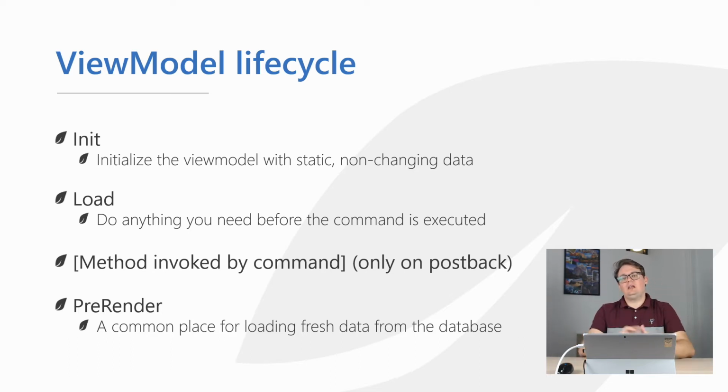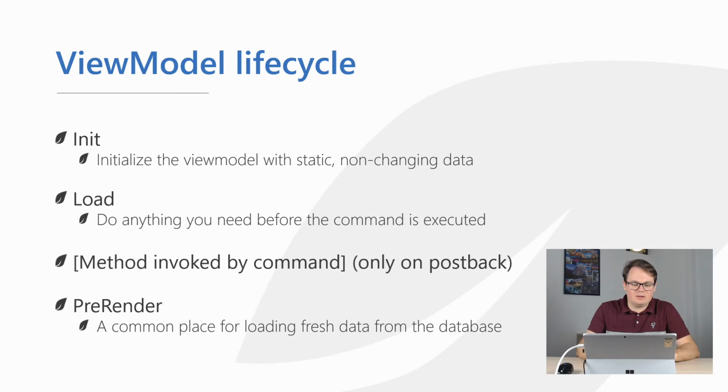So in init, you typically want to load static information, non-changing data, something like, I don't know, a list of countries, a list of currencies, or some constants, or some application settings and things like that. Things that never change, because you don't have the current information, the current state from the user.